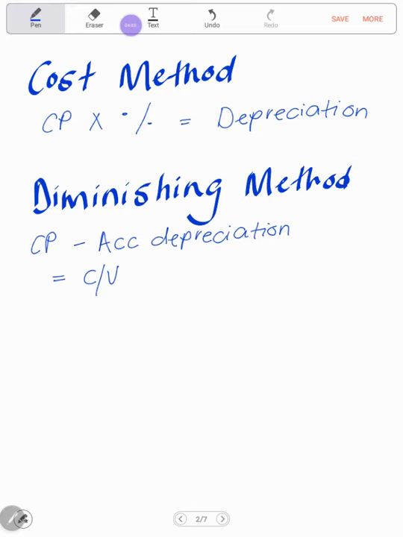Carrying value is basically what the actual vehicle is worth. Once we have our carrying value, we can then multiply it by the percentage in order to get our depreciation.